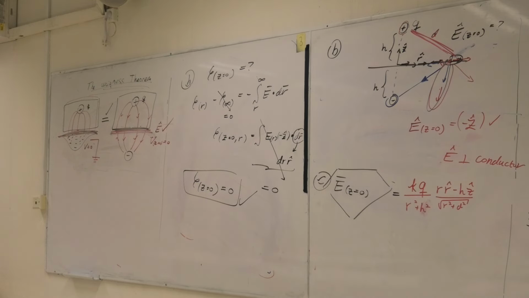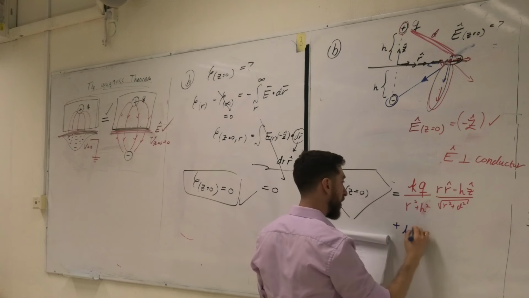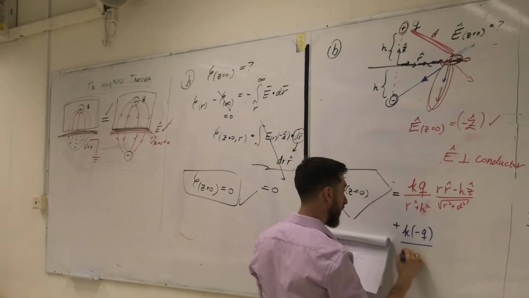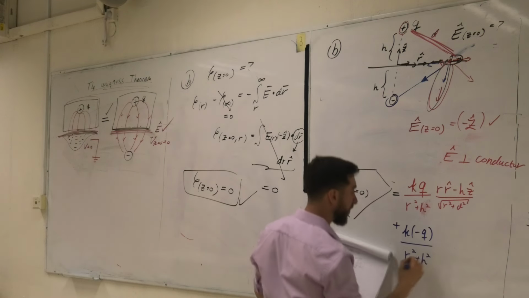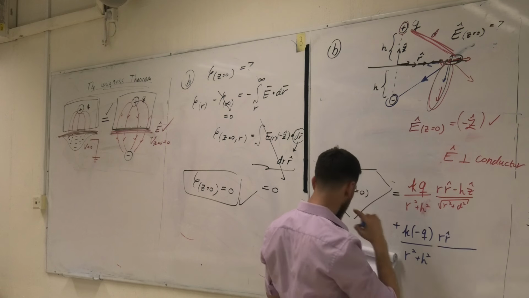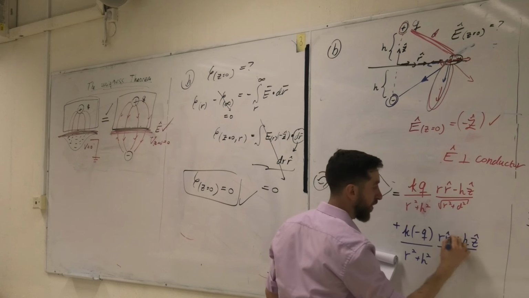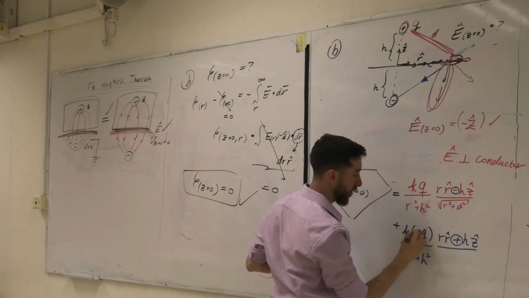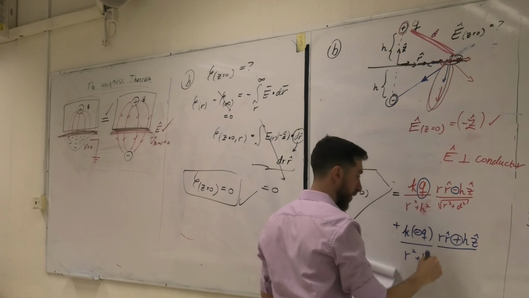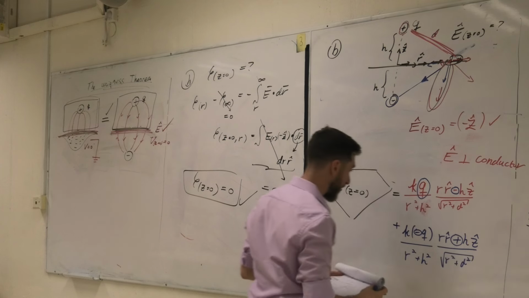And for the negative, what we need to do is sum it up. k times minus Q, the same distance, but the difference is here: now we need to go plus h. You see, a minus, minus, plus, squared. This is just the math, it's very easy.